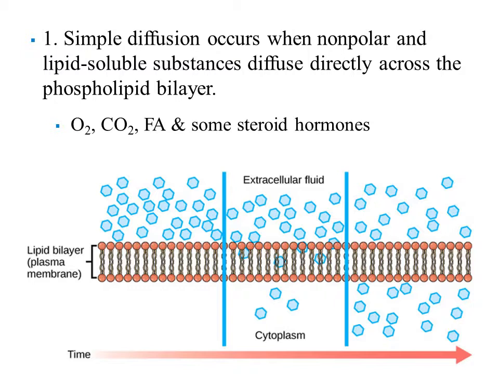So the interior of the cell membrane is afraid of water. So these lipid-soluble molecules, these nonpolar molecules, can squeeze directly through the membrane. This is referred to as simple diffusion. Some of those molecules are oxygen, carbon dioxide, fatty acids, and some steroid hormones.